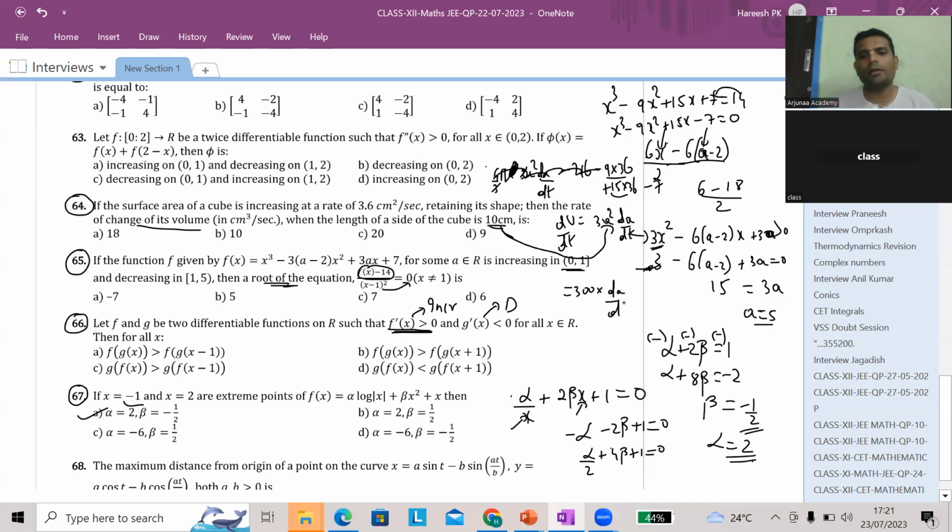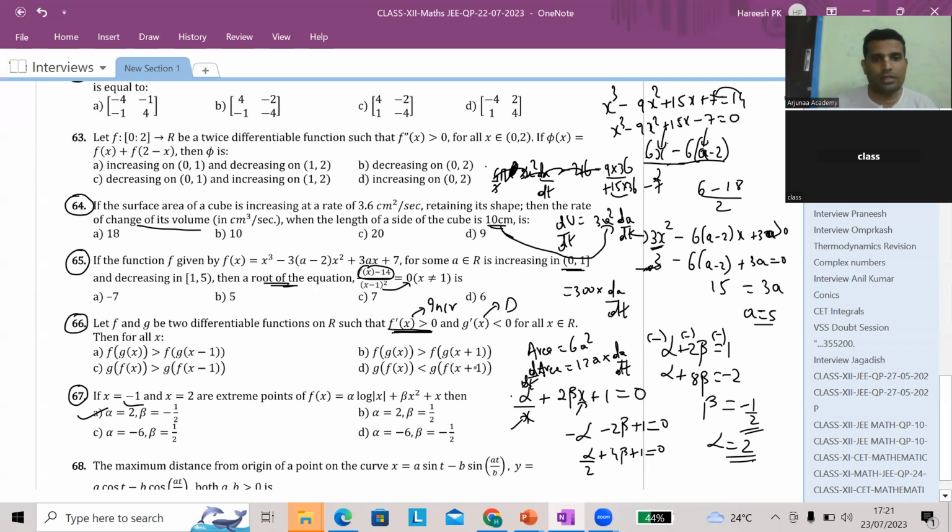Have they given dA by dt? They have given the surface area. Tell me the surface area formula. 6a square. So d by dt of area, what is the answer? 12a into dA by dt.